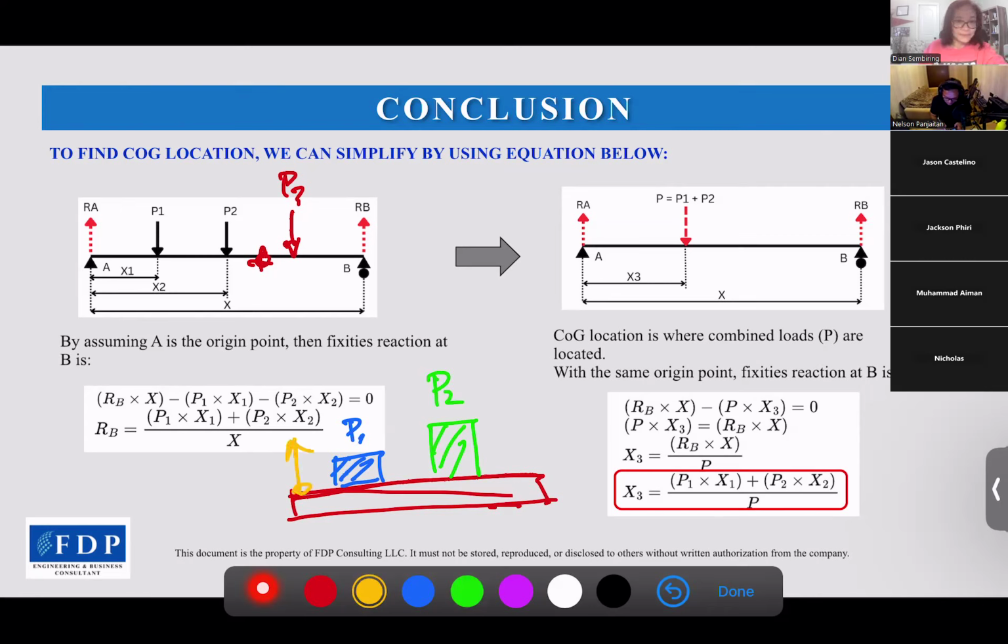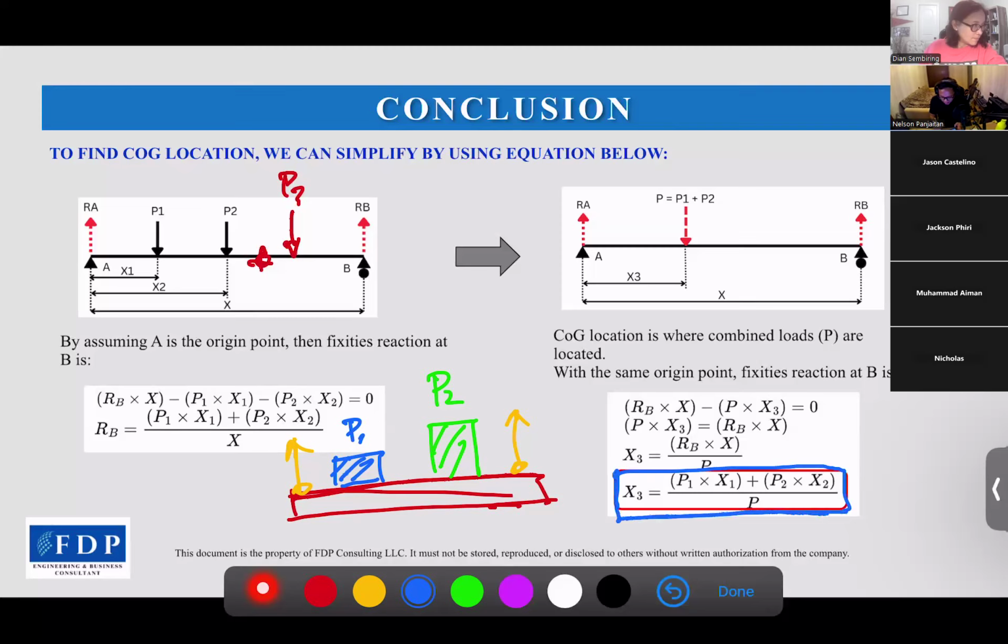We want to design the lifting arrangement for this. So in order to design the lifting arrangement, we need to find the combined COG because of P1 and P2. To get the COG that will be used for the lifting arrangement design, we can use this formula.